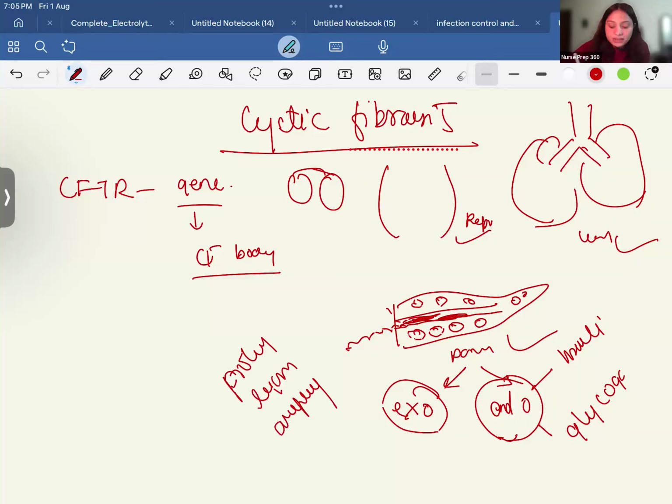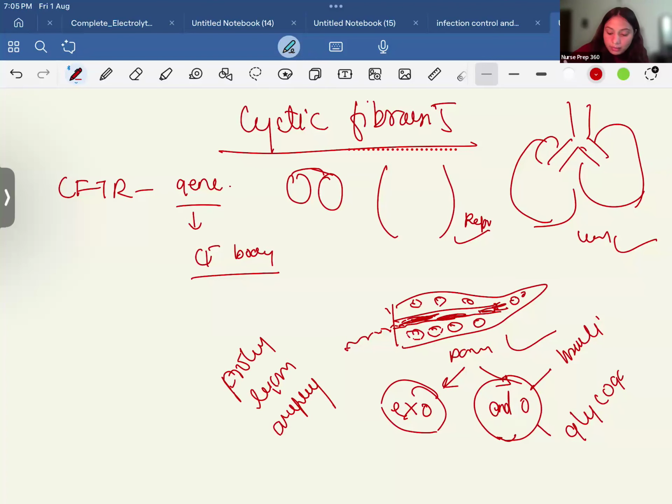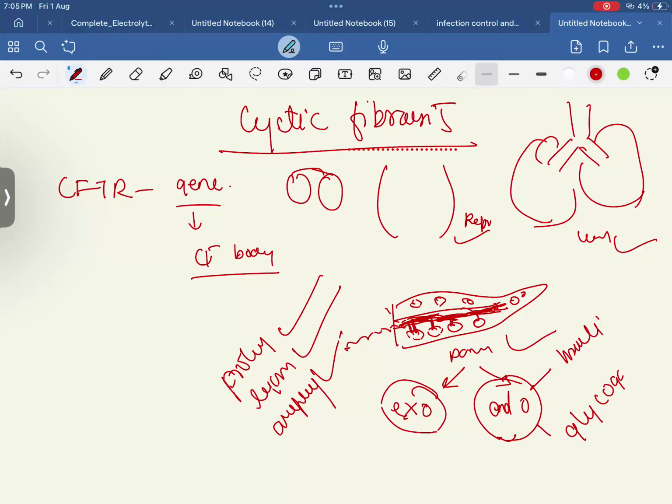So just understand one thing: this cystic fibrosis disease affects your secretions. They make your secretions very, very thick. So whenever this protease, lipase, amylase wants to go out, will it be able to go out through this duct? No. Why? Because the secretions are very, very thick, preventing it from going out.